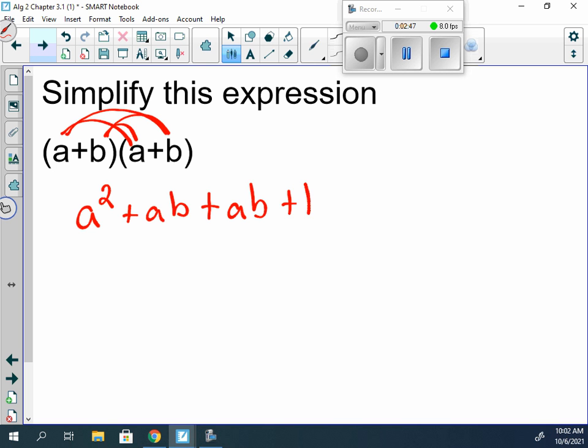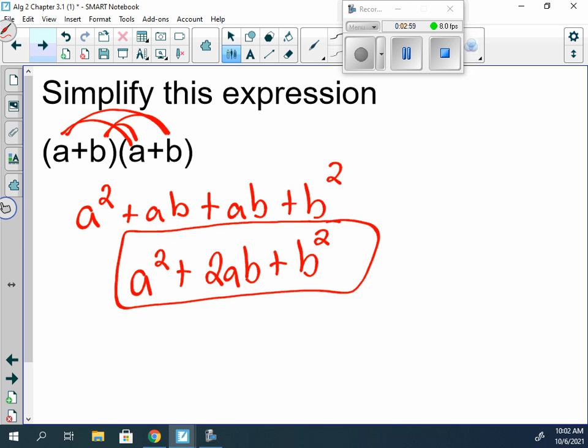And b times b is b squared. If we combine our like terms, we'll get a squared plus 2ab plus b squared. We get this here.